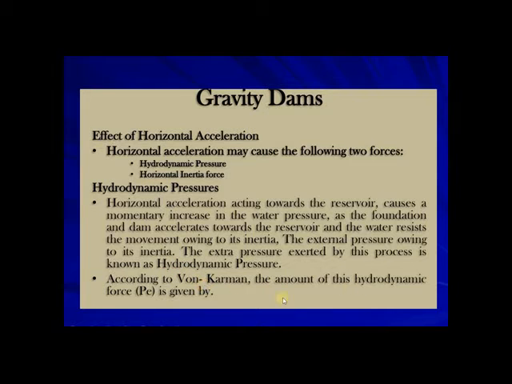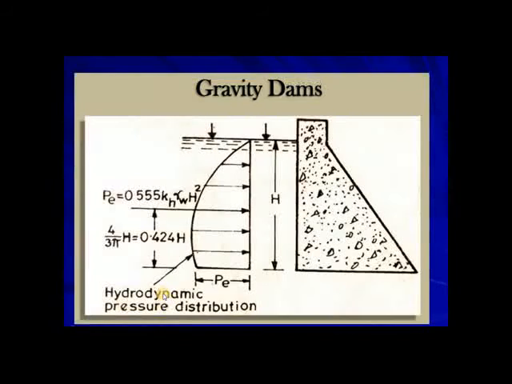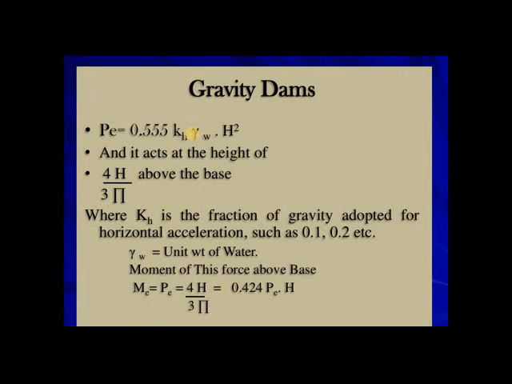According to von Karman, the amount of hydrodynamic pressure PE is given by this one. If the dam body is moving toward the water from right to left, then this will be the PE, and it will act at this point, 0.424H, and its value will be 0.555 kH gamma W H square.